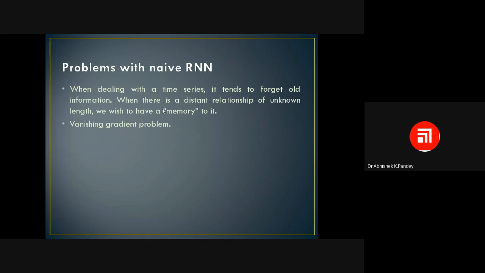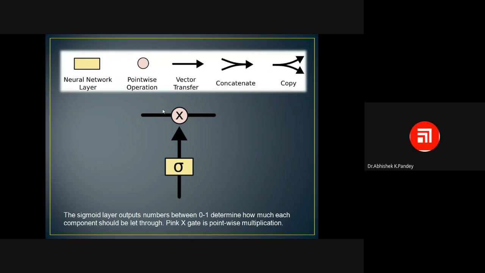So the vanishing gradient problem says this. We have a neural network layer, a point-wise operation, a vector transfer, then a concatenate, then a copy. So the sigmoid layer output, as we did in the previous session, is between 0 and 1 and determines how much of each component should be let through. Fine, it should be precise.